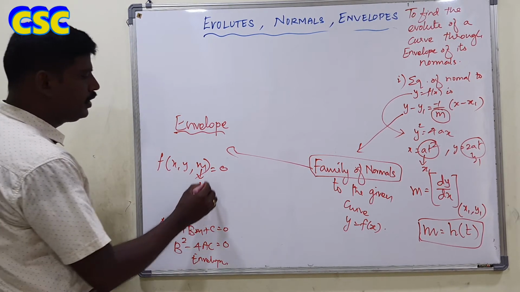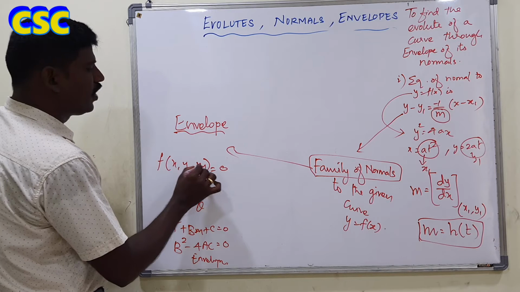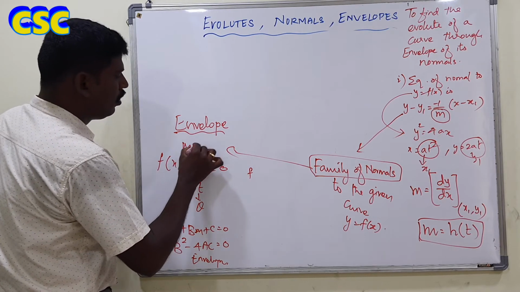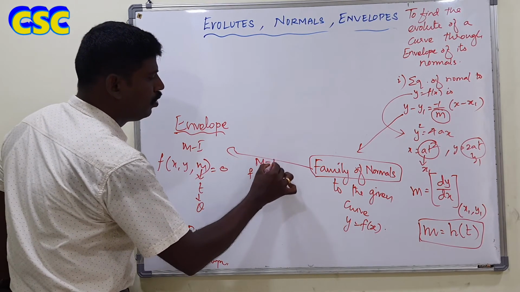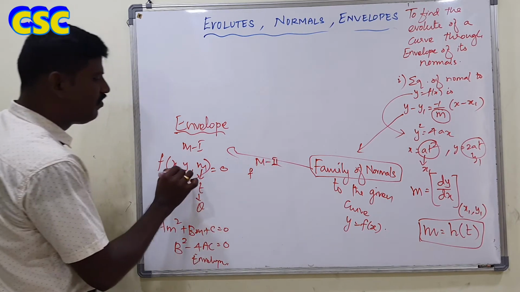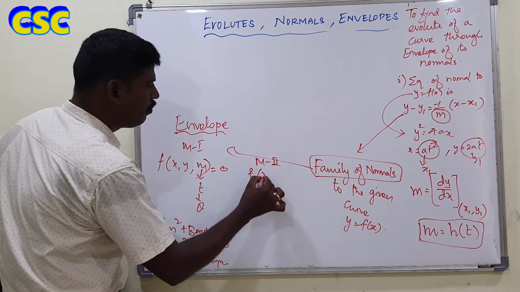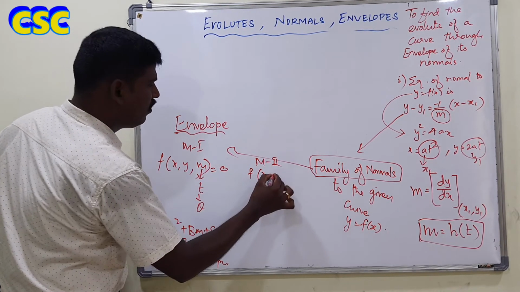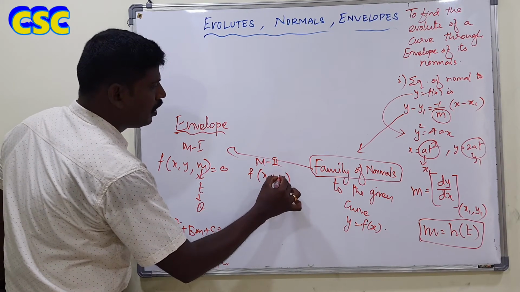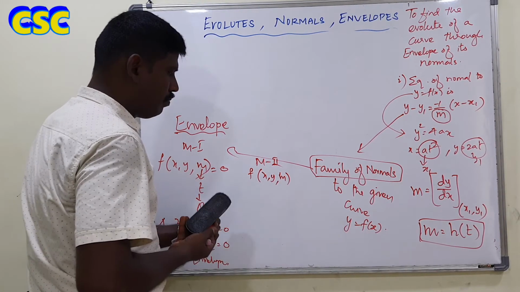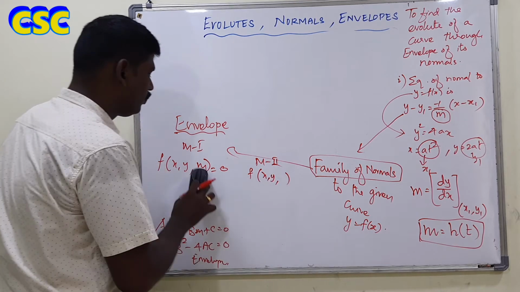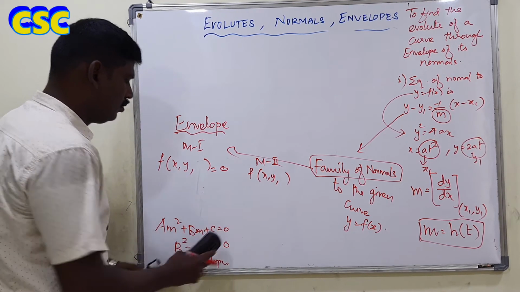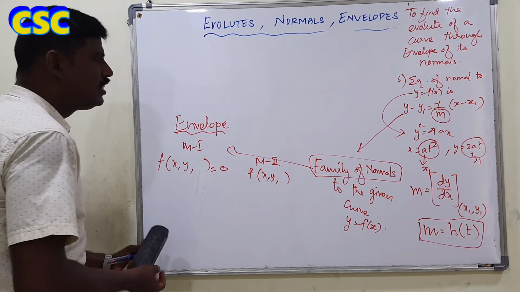The second method is the same, y equal to f of x, y, with parameter m1, and this is m2. How does method 2 differ from method 1? The family of normals is given in the form of y equal to, with parameter m or t, or theta.